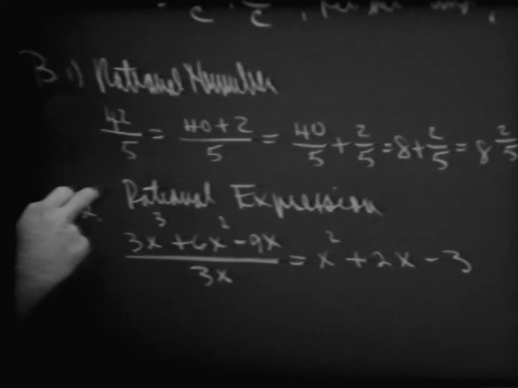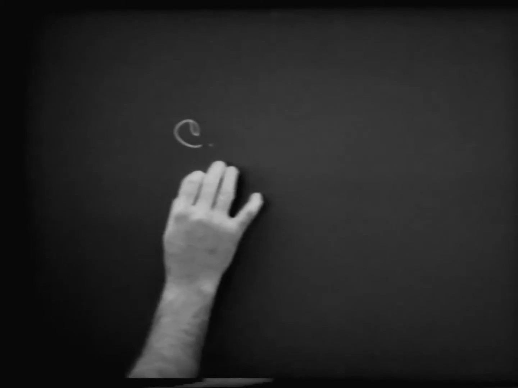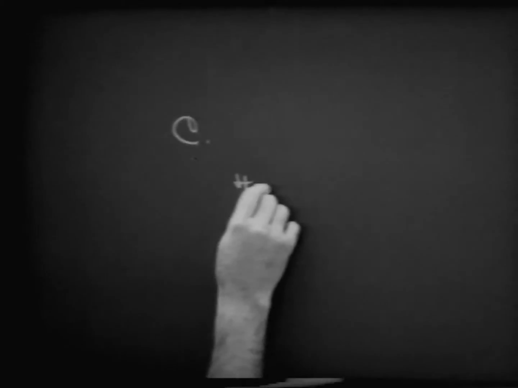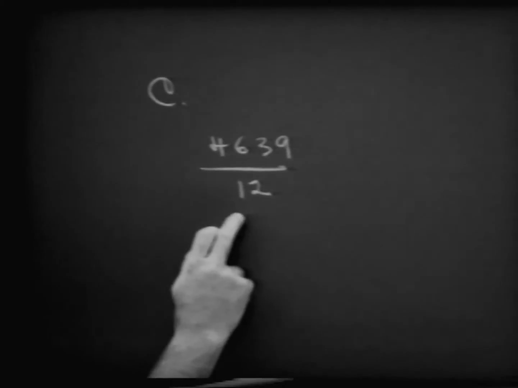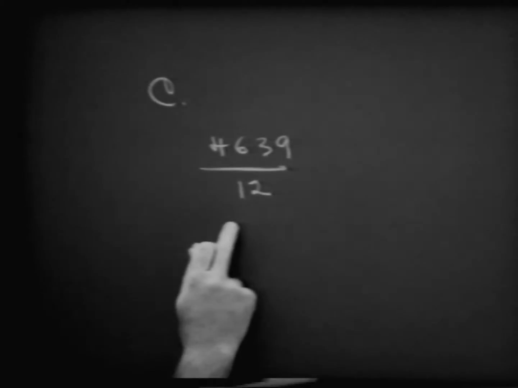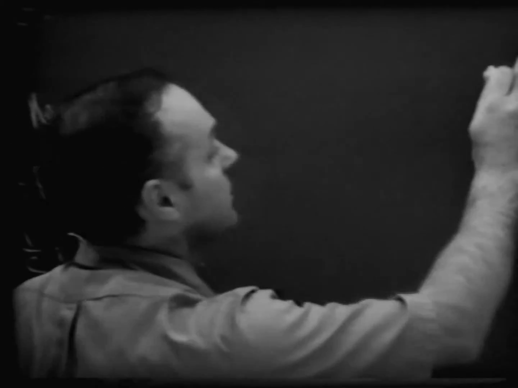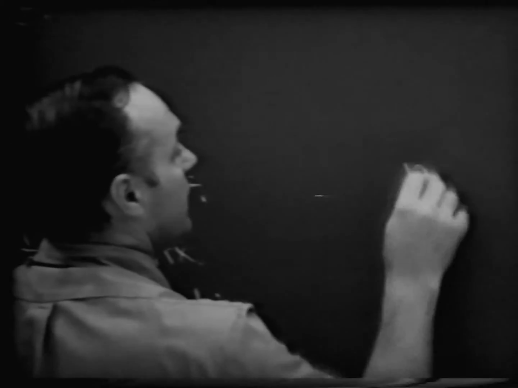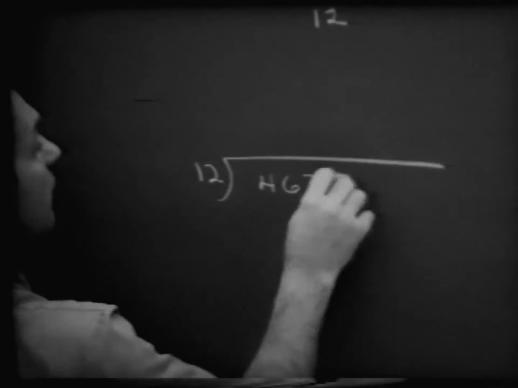Well, let's extend that idea and look at something such as this. Suppose we had, let's say, 4639 divided by 12. This number here is a rational number, certainly, and what we are now interested in is finding what this quotient is equal to. And remember how you then set that up in terms of what we think of as our division algorithm.